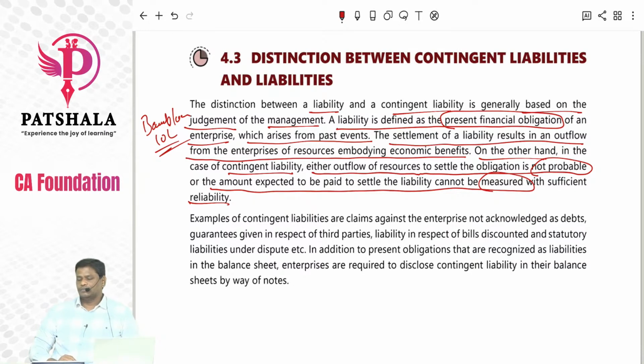The distinction between liability and contingent liability is generally based on the judgment of management.